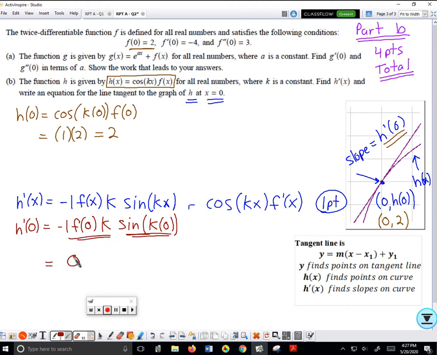So that's going to be 0 plus cosine of k multiplied by 0 times f prime of 0. So this is going to equal, cosine of 0 is 1. F prime of 0 is negative 4. So this is 1 multiplied by negative 4, or negative 4. So that's my slope right here, negative 4.